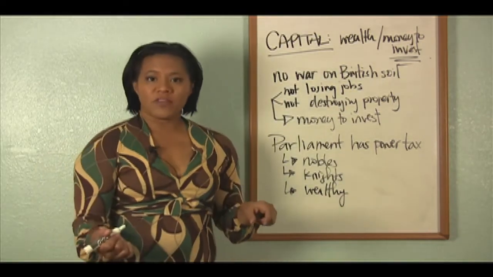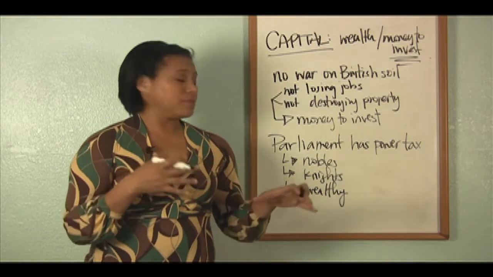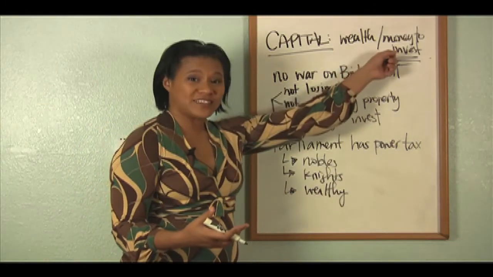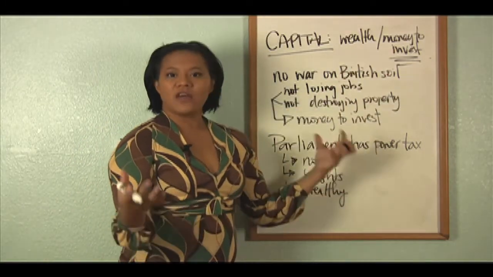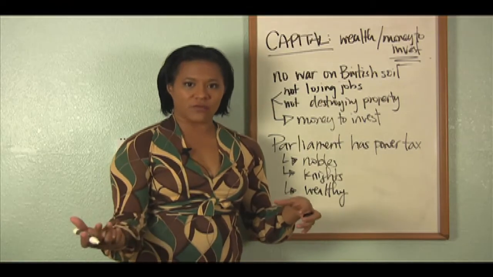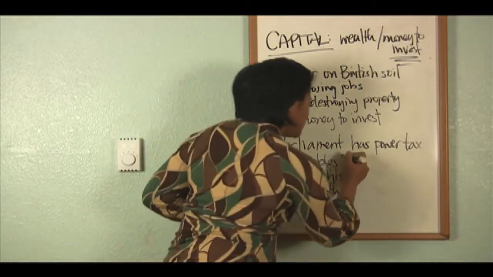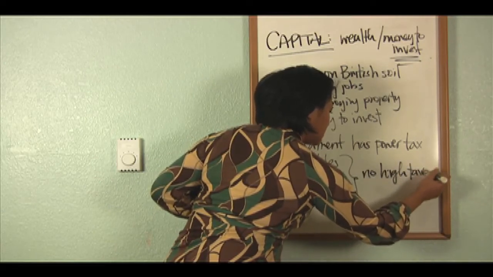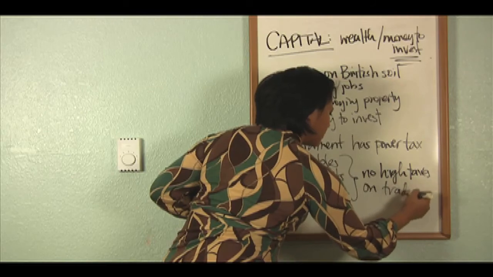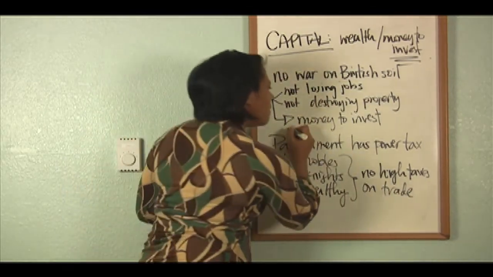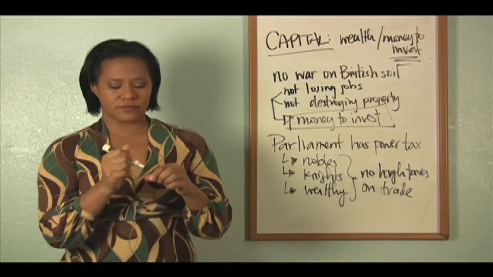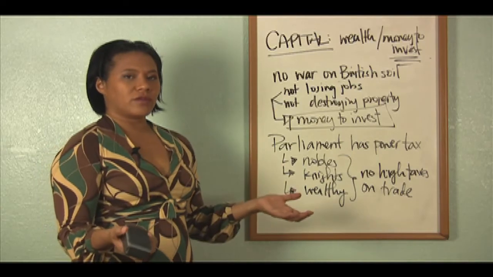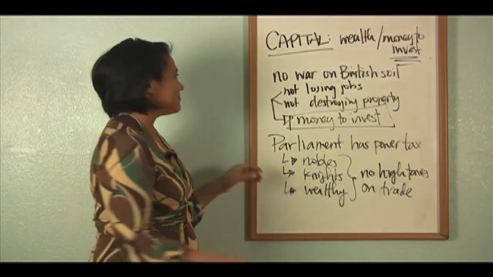But that meant that the nobles, knights, and wealthy citizens didn't want to tax things that they were investing in. If they're putting the money into companies, they don't want to have to pay taxes to the government about those companies. So this equaled no high taxes on trade. All of this equated to money to invest. These are the major reasons for the Industrial Revolution beginning in Britain, in England.